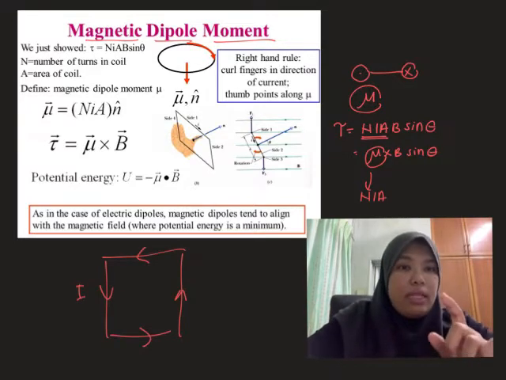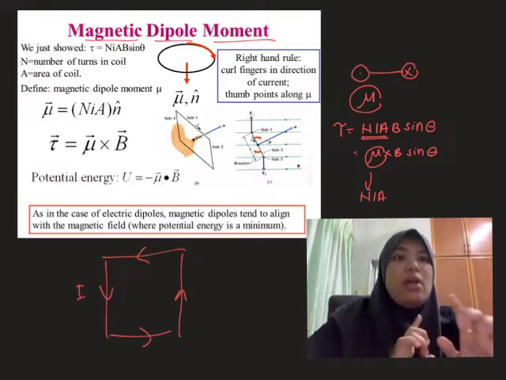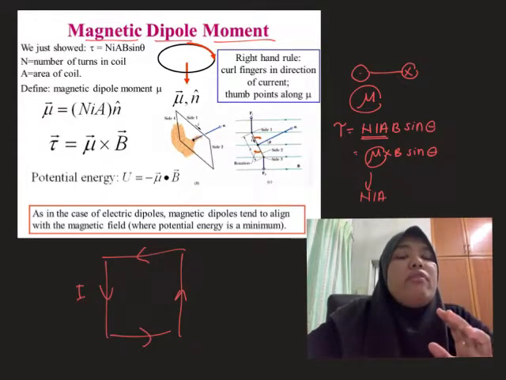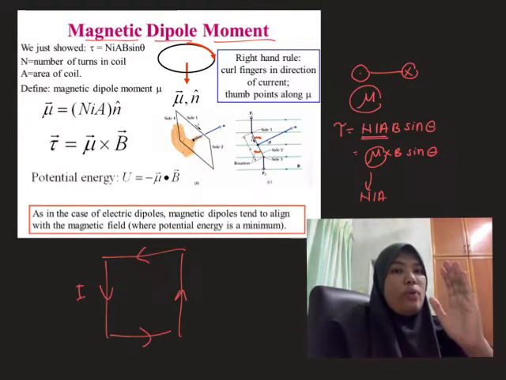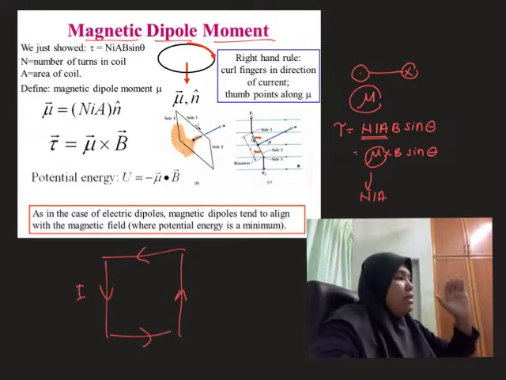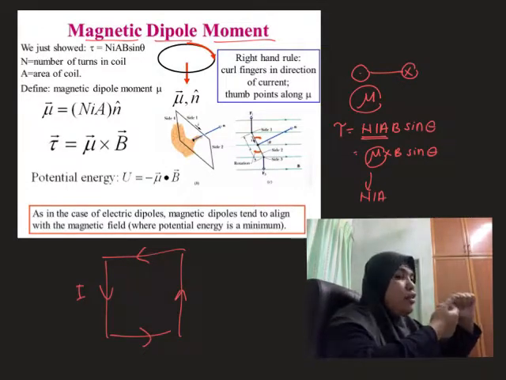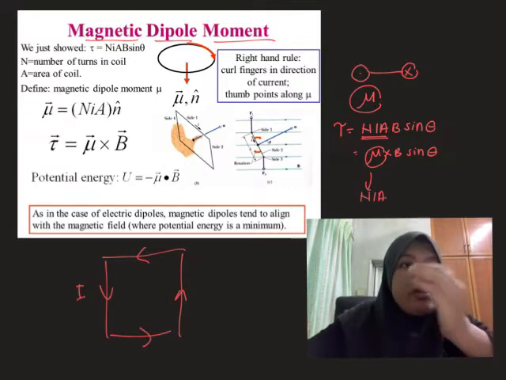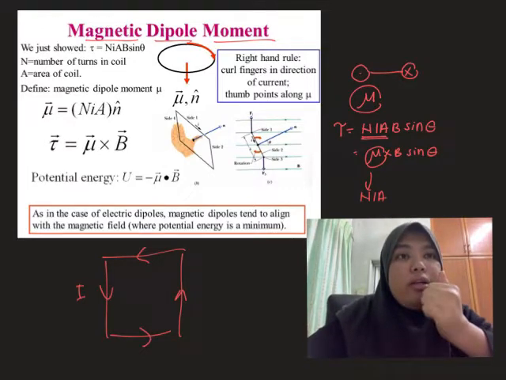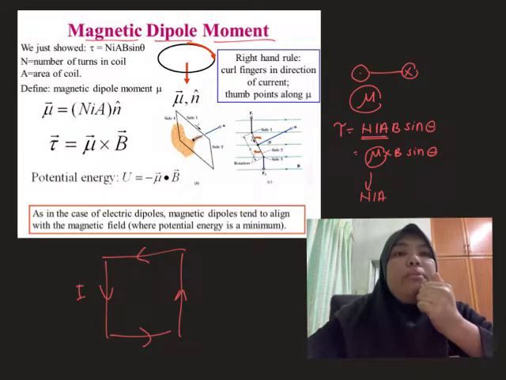For example, like I'm drawing for you. Now the direction of the current is anti-clockwise, which means that when you put it like this, you can see that mu is pointed towards you. This is also the direction of the normal to the area. So you can use the first right hand rule to find the direction of mu.